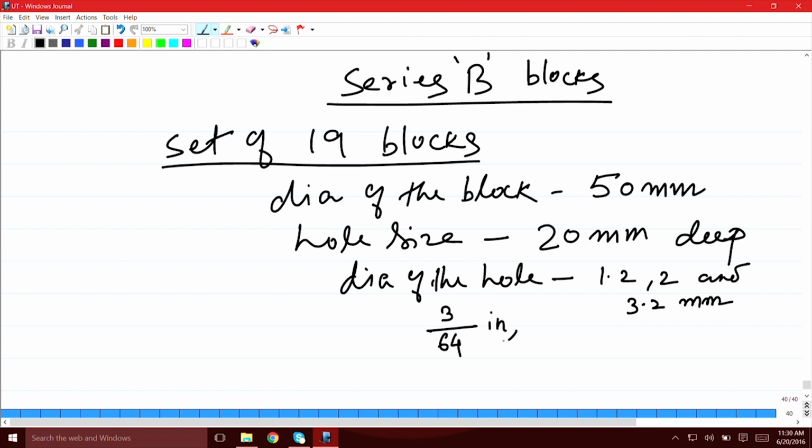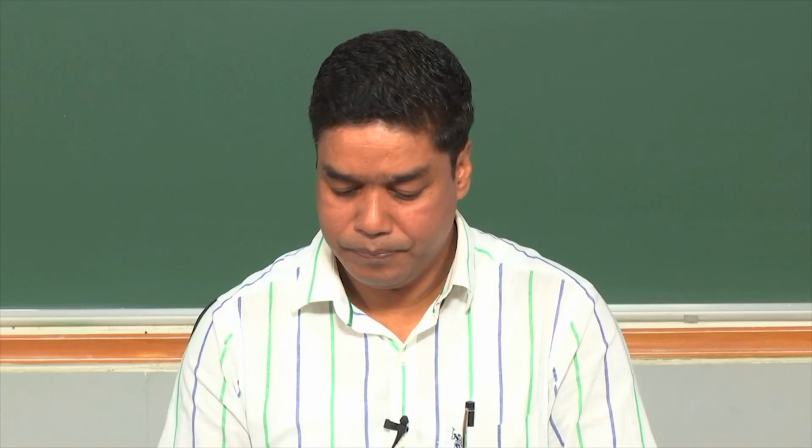The second one, which is 2 mm, is 5/64 inch, and the third one, which is 3.2 mm, is 8/64 inch. Okay. So, these are the three diameters that you have in this case. You select one of them and keep it fixed. Then you vary the metal distances, because you are going to calibrate the distance.